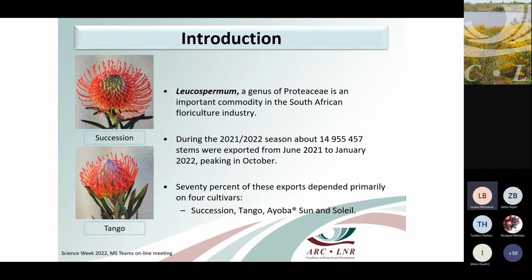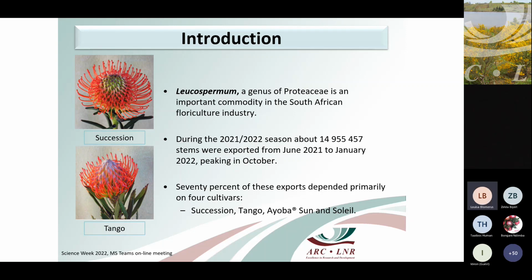Leucospermum is one of the most important floricultural commodities in the floriculture industry. And how many stems are sold? About 15 million Leucospermum stems, excluding the others, were sold last season. The season lasted from June 2021 to January 2022, and the flower numbers peak around October.